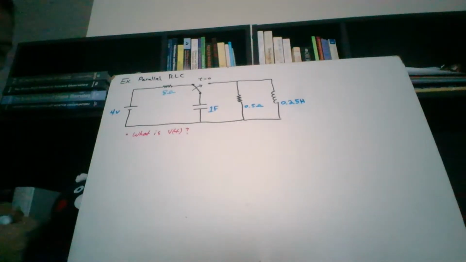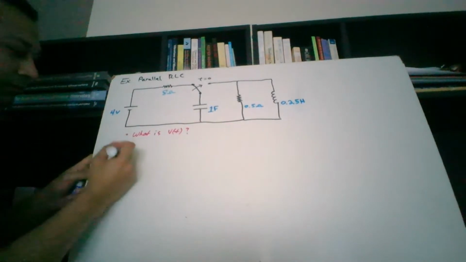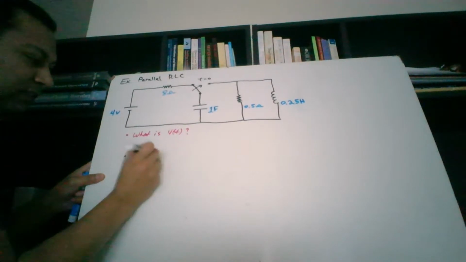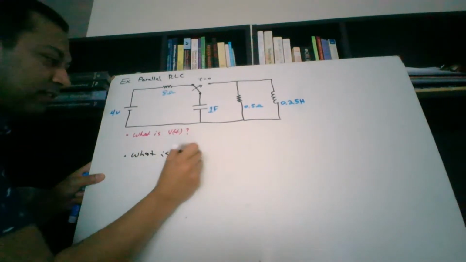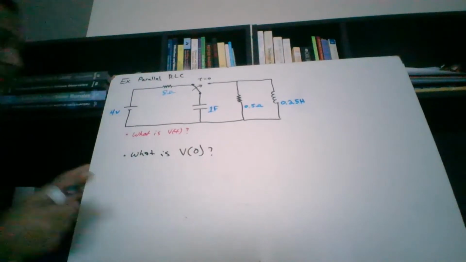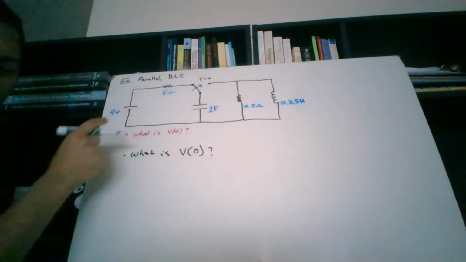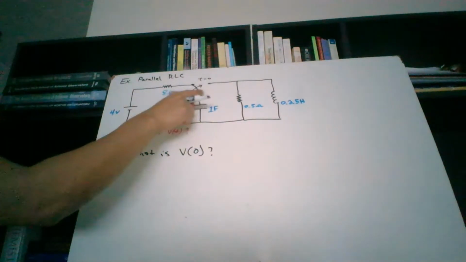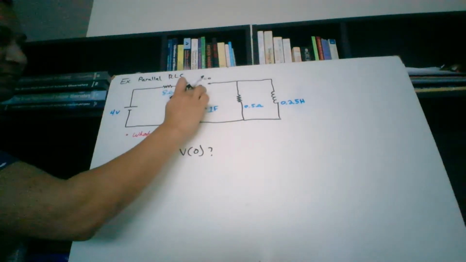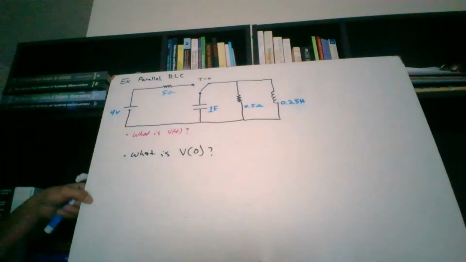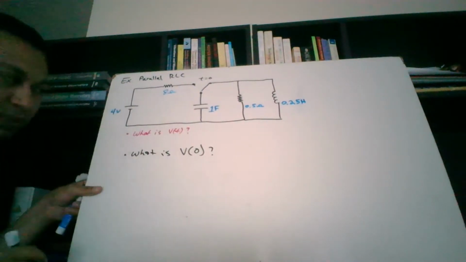So the first thing I want to know is, what is V at time equals 0? When time equals 0, the switch is over there.